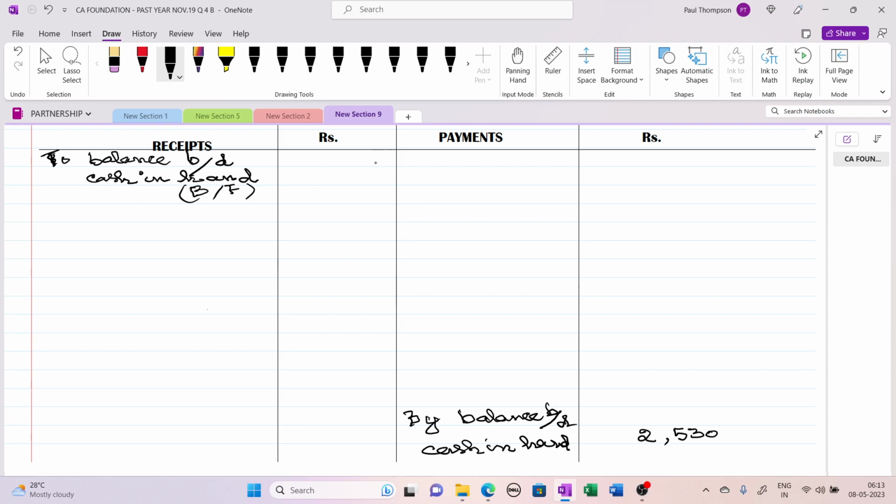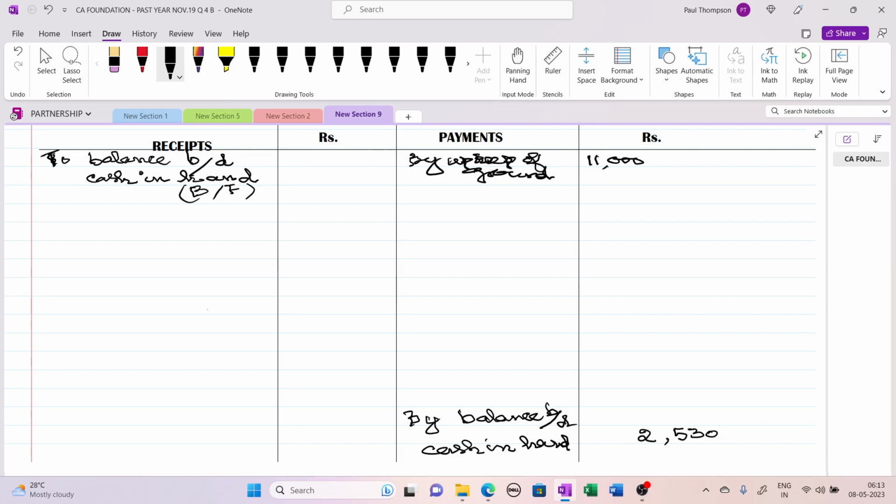First thing is that payments, I am taking this side. So they have given upkeep of ground. By upkeep of ground, they have given the upkeep of ground as 11,000, but you have to make an inner column.